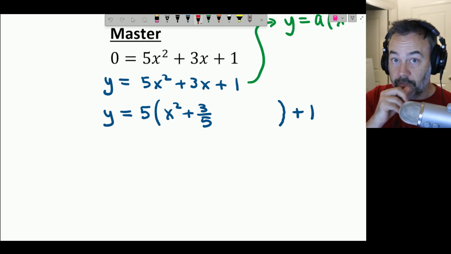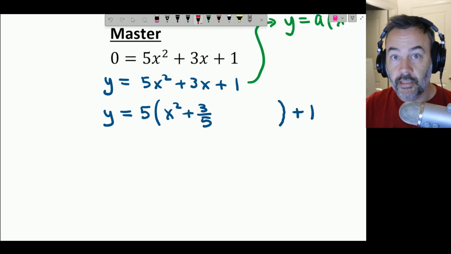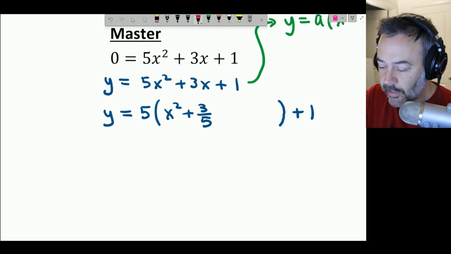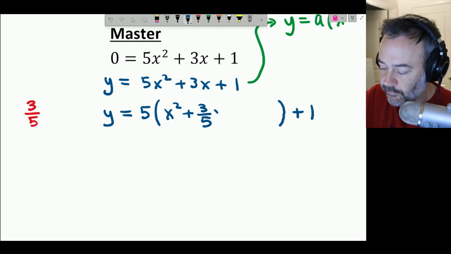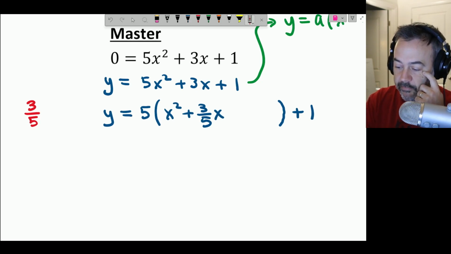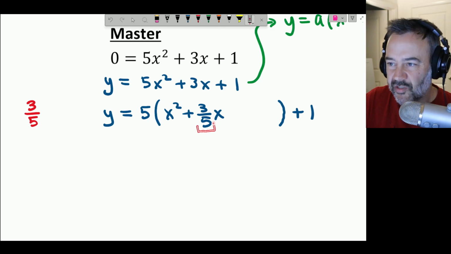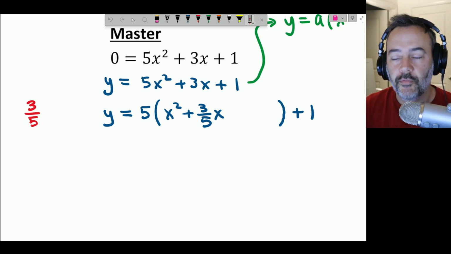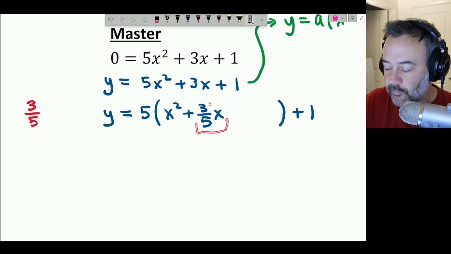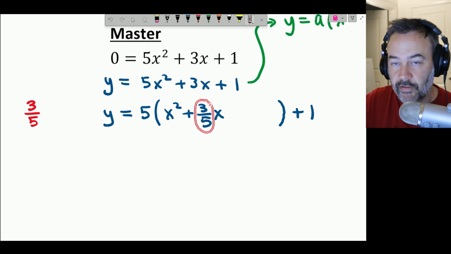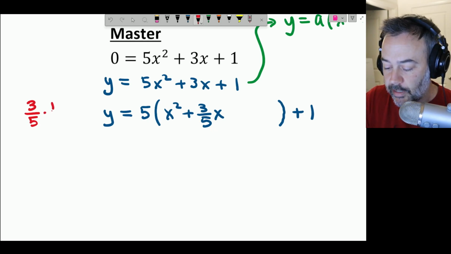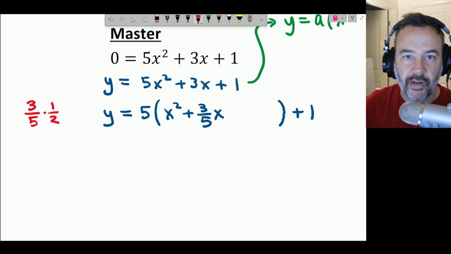Now we have the step where we need to complete the square. And you might remember that the shortcut, or the trick, is to take, I just realized I forgot to write the x there. So I factored the 5 out of the 3x, and I got 3/5 x, and I left some space here. Now, what we do is we take the coefficient that's in front of x, 3/5, and we multiply that by 1/2, or divide by 2.